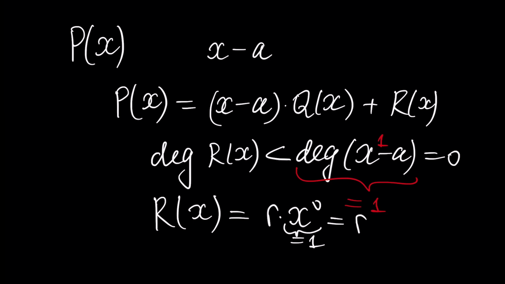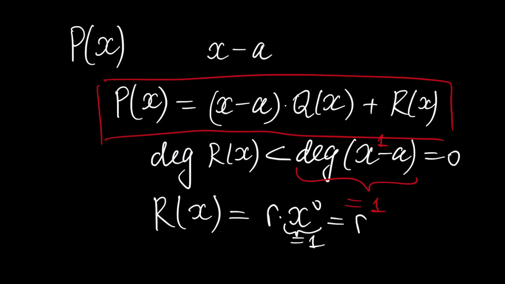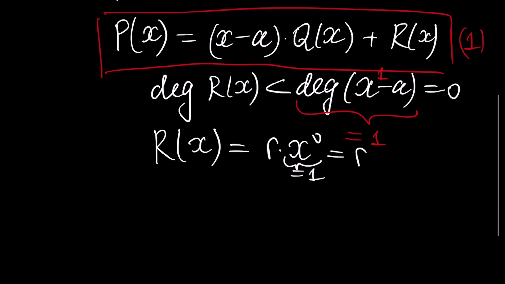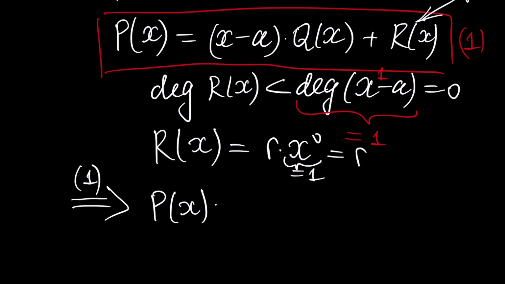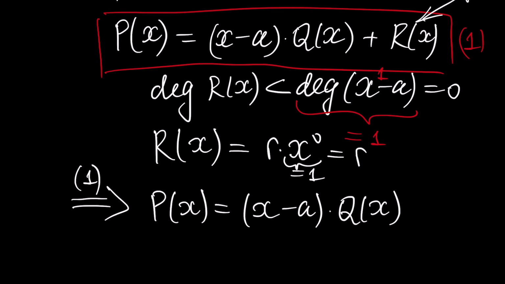And since, using this representation, call it representation 1, it follows from representation 1, instead of this r, if we put the constant r, we will have p of x is equal to x minus a times q of x plus some constant r. This is a constant, some number.